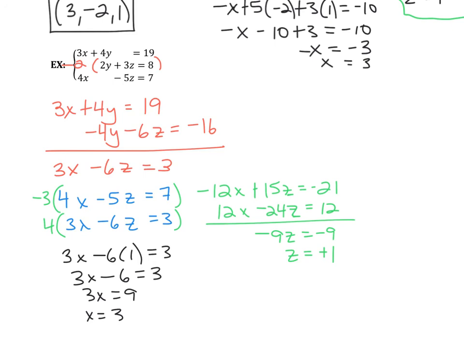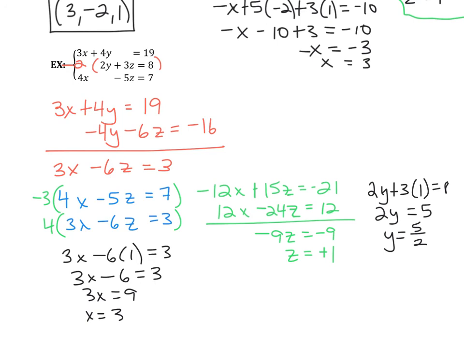And I'm going to go over here to the right so that I can have space. But I've got 2y plus 3 times 1 is equal to 8. So 2y is equal to 5. y is equal to 5/2. Leave it as a fraction. We don't want or need the decimal.